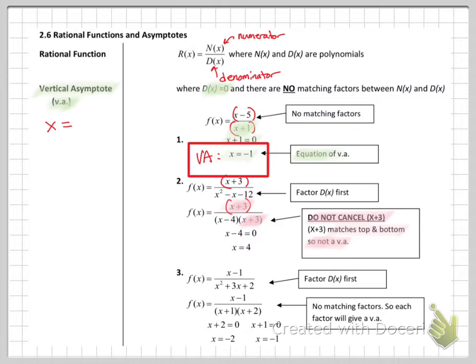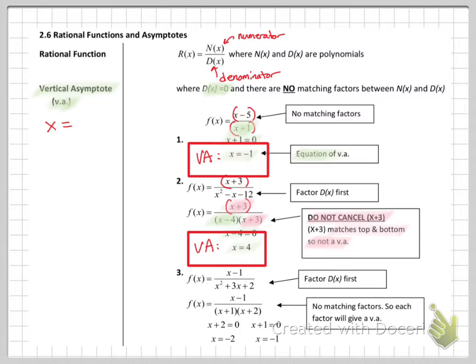So once you've matched up anything on top and bottom, anything left in the denominator will give you a vertical asymptote. Zero product property is how you get it, and x equals 4 is the vertical asymptote for that rational function.